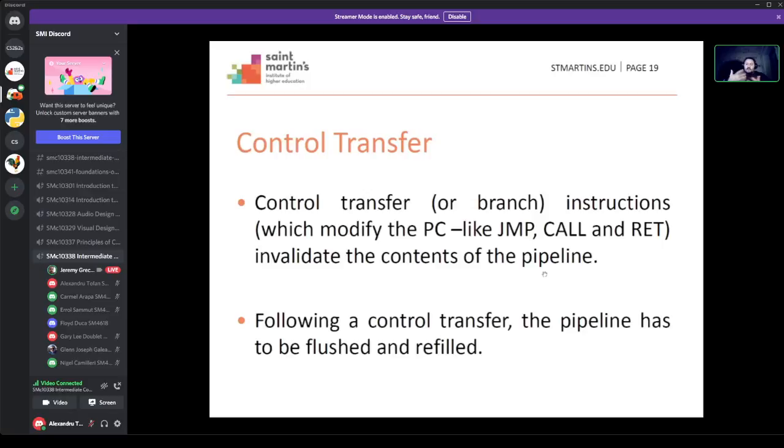Essentially, control transfer is a situation within code whereby you have jumps or branching or loops. These kinds of operations in a piece of code can in fact produce what is known as a control transfer.